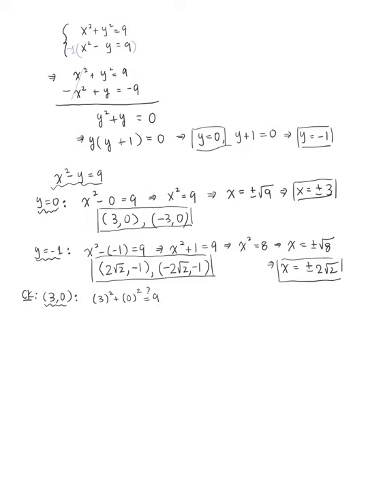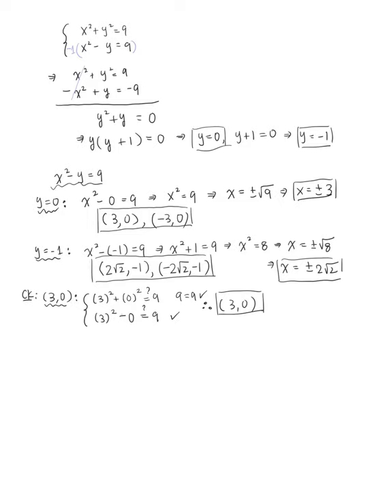Does it equal 9? Yes, 9 equals 9, so it makes sense. Now let's plug this into the bottom equation. You're going to have 3 squared minus y. Is that going to give us 9? Yes, it does. So 3, 0 is a keeper, so we're going to keep this one.